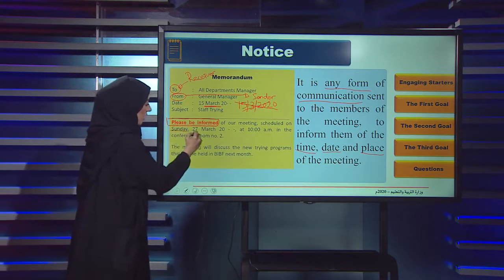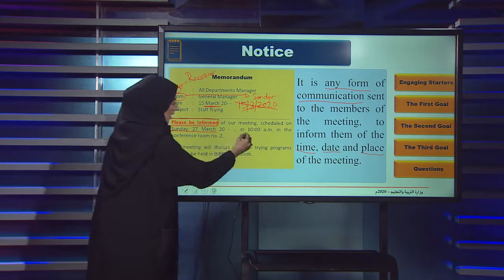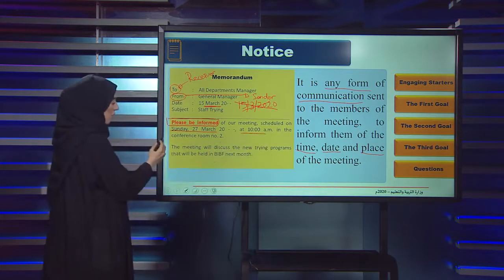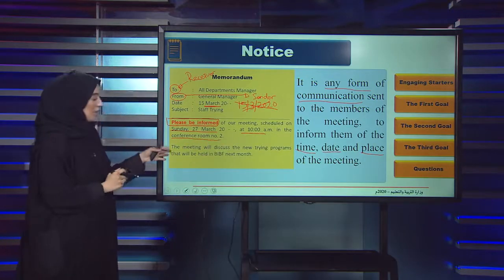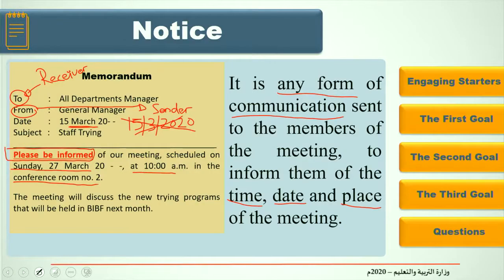So here they mentioned the date, at 10 a.m., the time, and the conference room number 2. And this is the place. And here they tell them what the meeting is about. The meeting will discuss the new training programs that will be held in BIBF next month. So this is a sample of a notice.